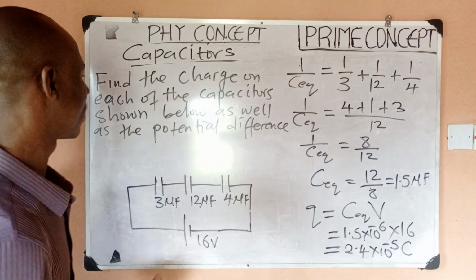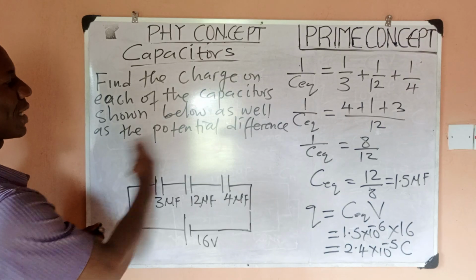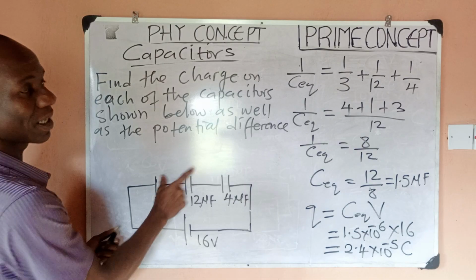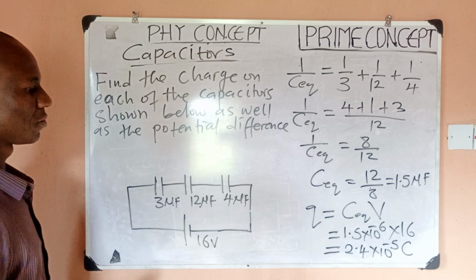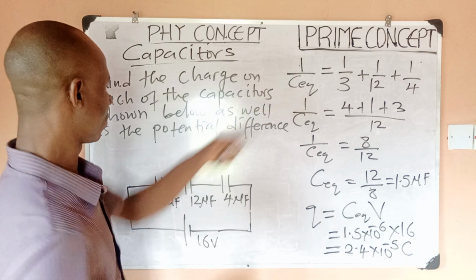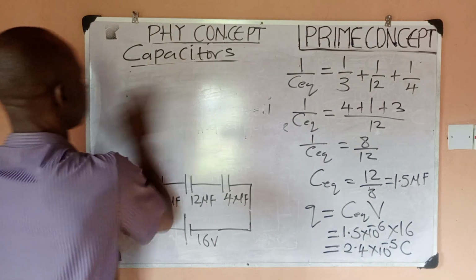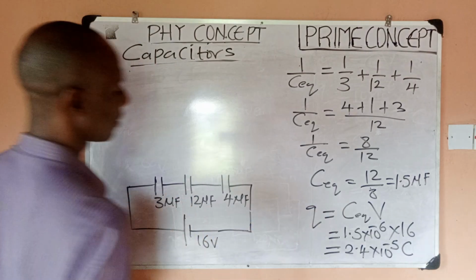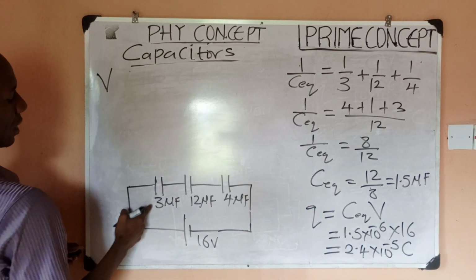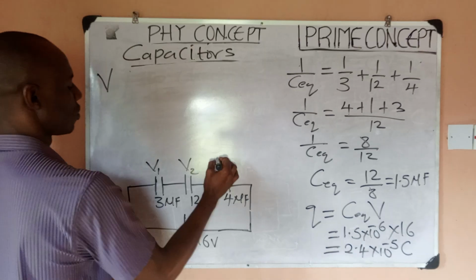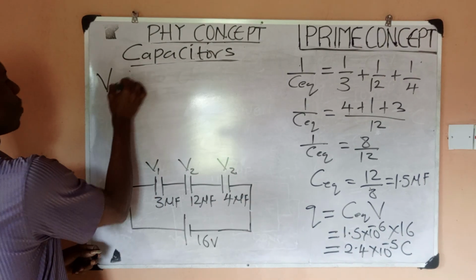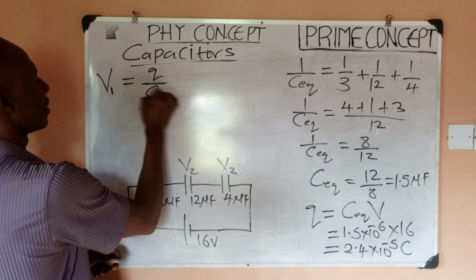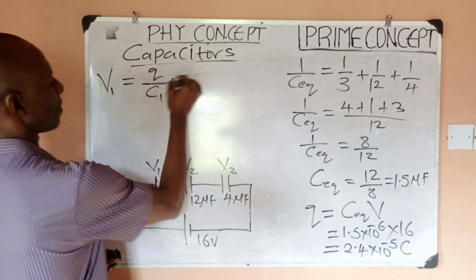And the second part of the question says we should as well get the potential difference. The potential difference in each capacitor now will be different. So what do we do from there? Find the potential difference in each capacitor. Now, still from this formula, you'd recall that V, let's call this V1, V2, V3. So V1 is simply going to be Q divided by C1, because Q is the same. So what is my Q now?